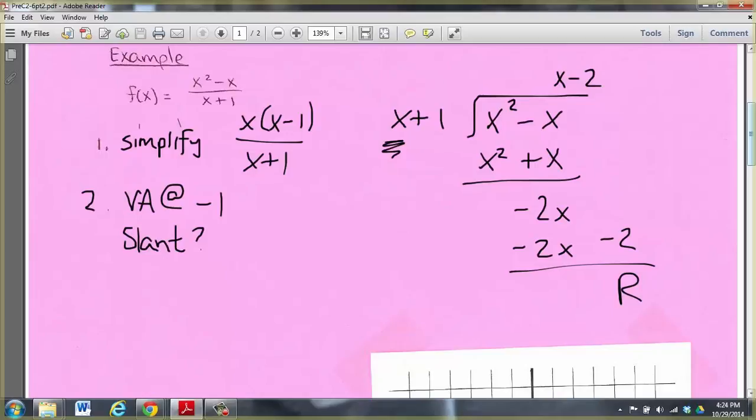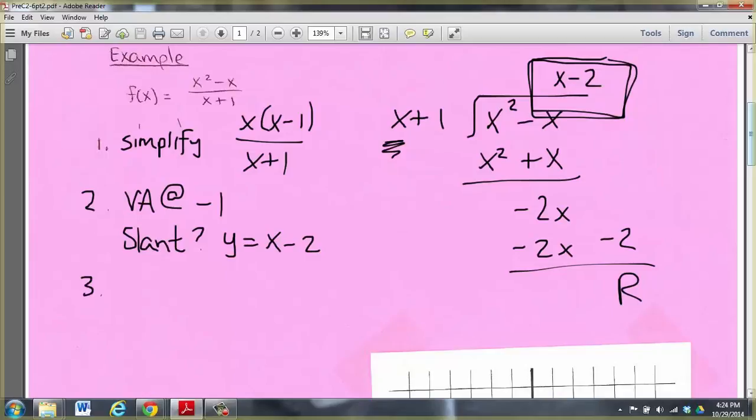The remainder does not matter in what we're trying to do. This equation right here, when we divided, that is our slant asymptote. Y equals x minus 2. That's all there is to it. Just long divide.